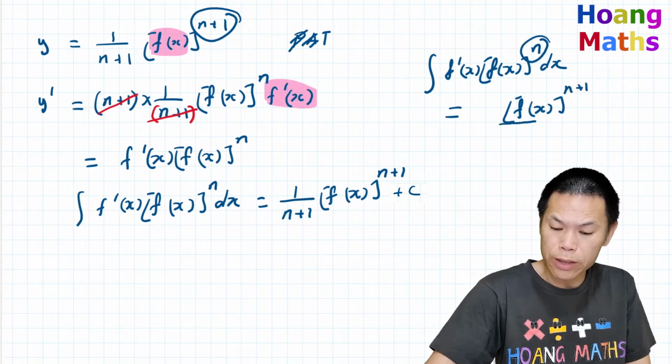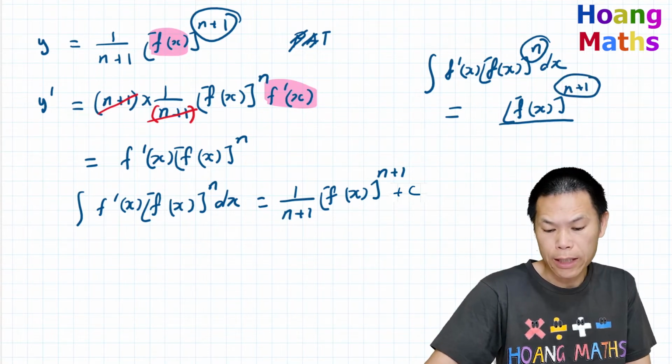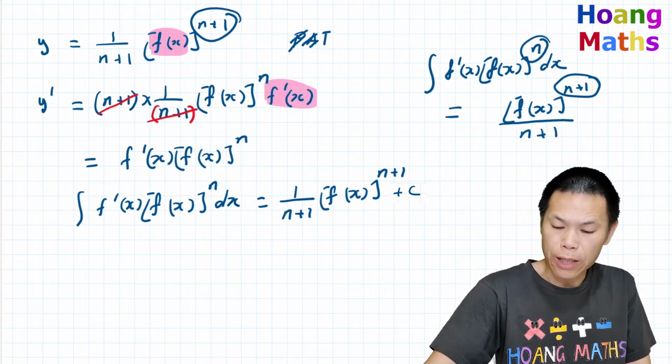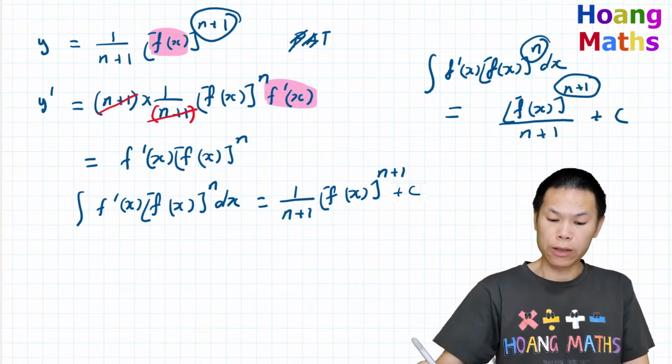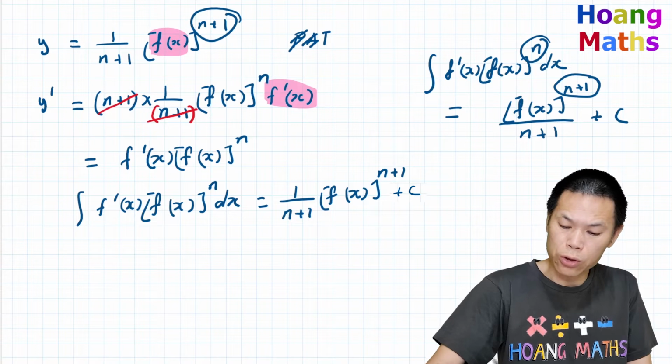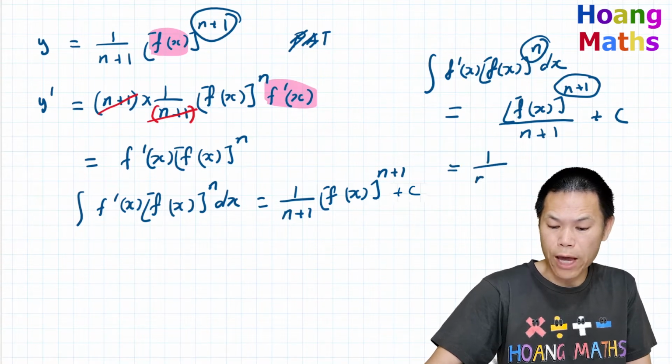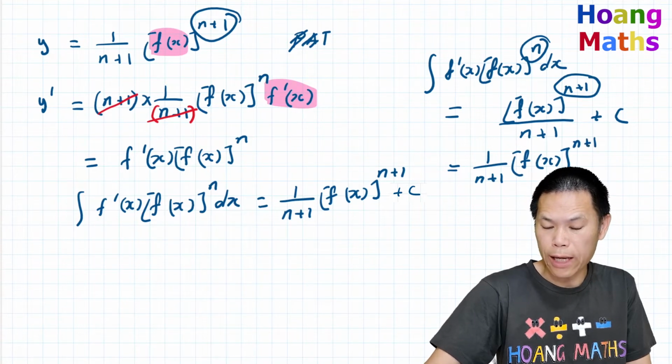And don't forget, we divide by whatever that is, n plus 1, and add a constant. So this is also the same as 1 over n plus 1, f of x all to the power of n plus 1, plus c.